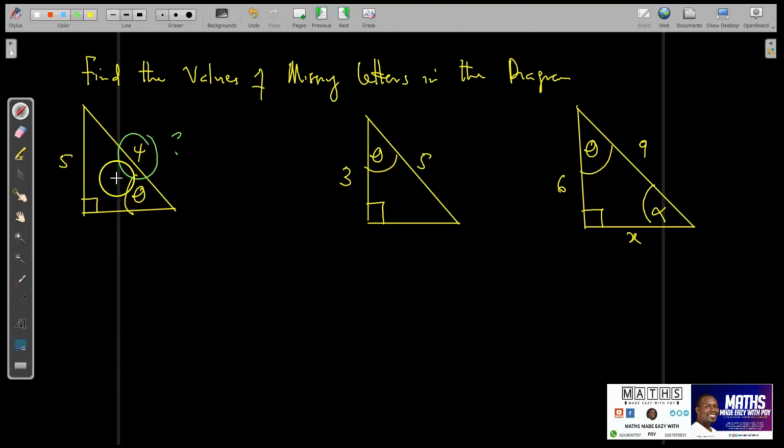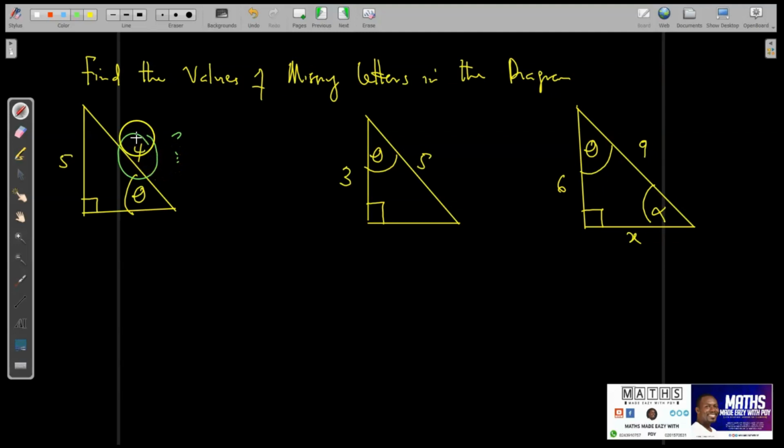So ideally, this question is unsolvable for the fact that the value at the hypotenuse looks smaller than the other side, which is not supposed to be so.